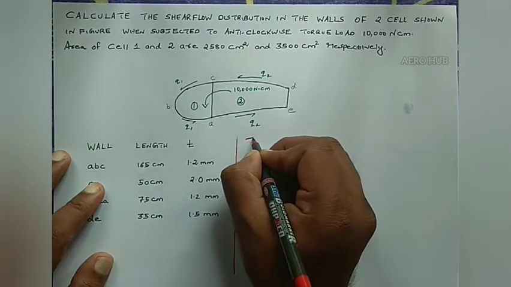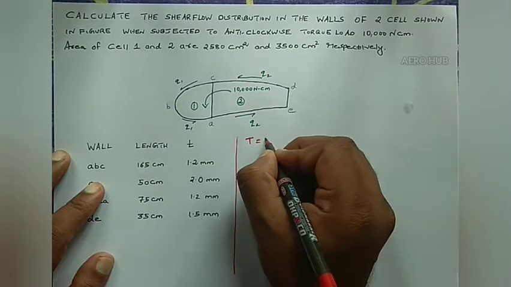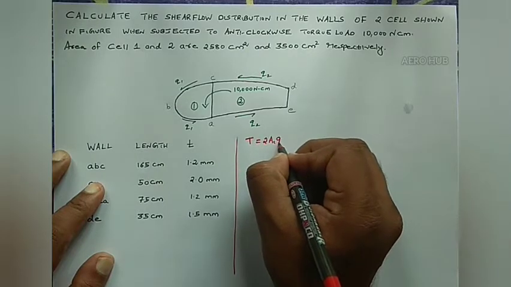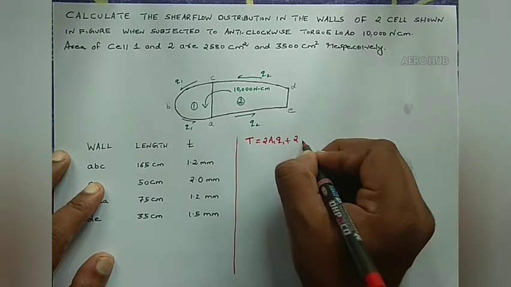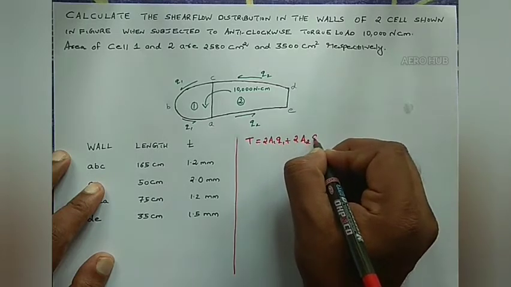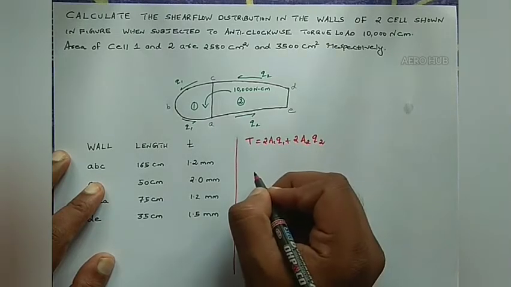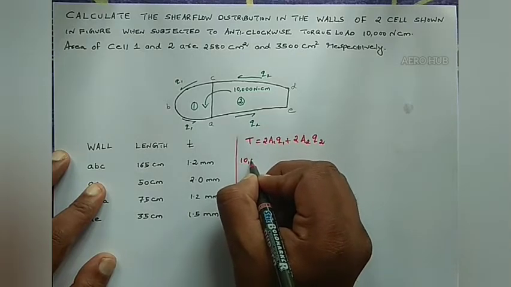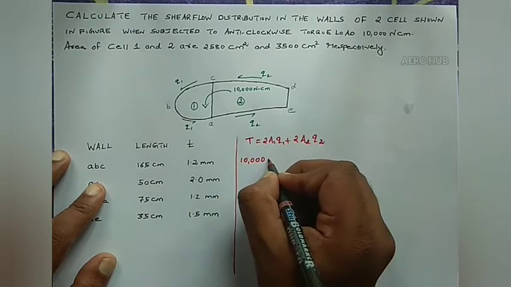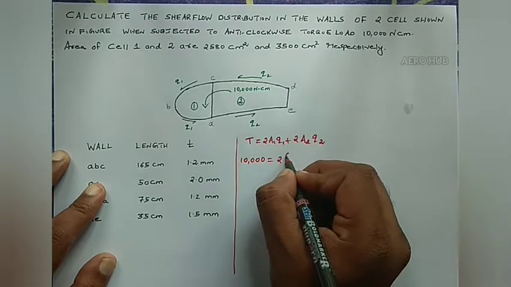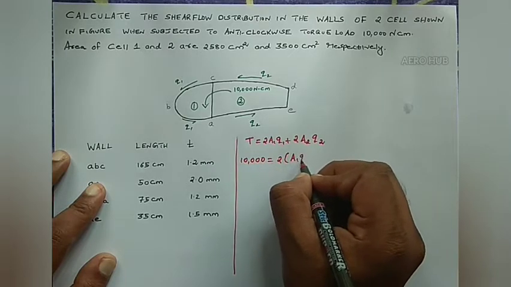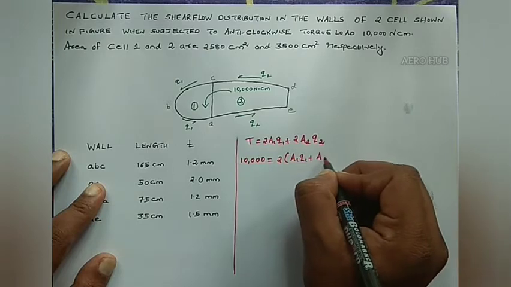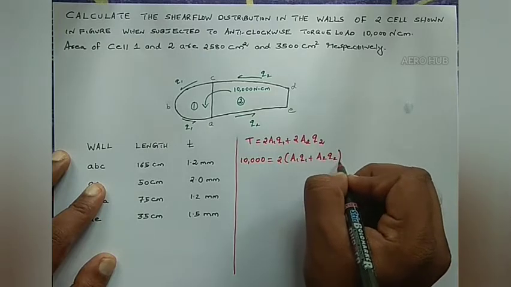For two cells the torque will be equal to 2A1 Q1 plus 2A2 Q2. The torque is given as 10,000 Newton centimeter. So I'll write 10,000 is equal to 2 times (A1 Q1 plus A2 Q2).